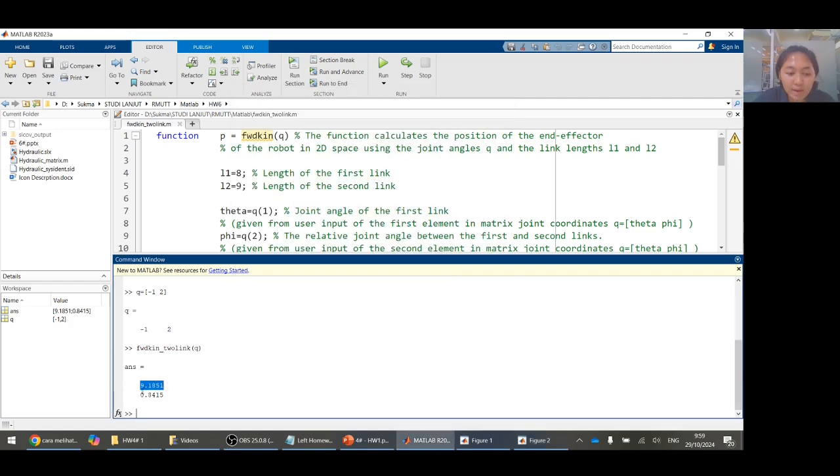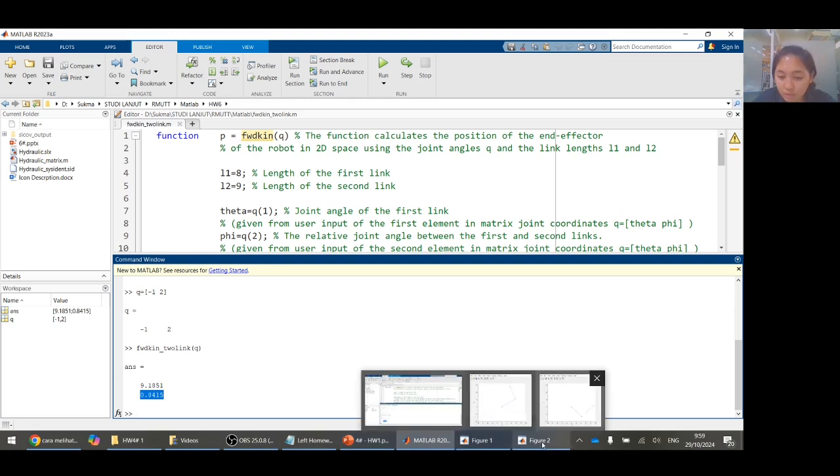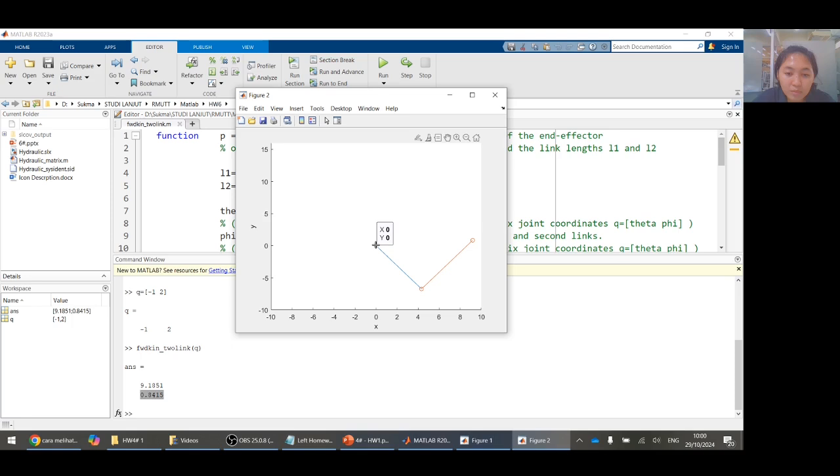This is the x, this is the y value of the end effector coordinate. This is from 0, 0. This is the value of coordinate x1, y1, and this is the value of the end effector coordinate. This is the same as in the command window. X is equal to 9.18514, and the y value is equal to 0.841471.